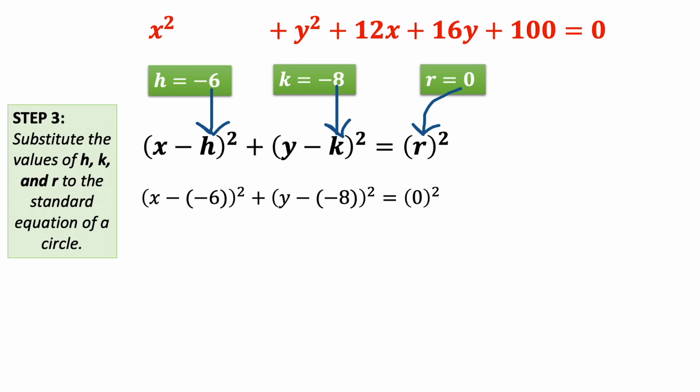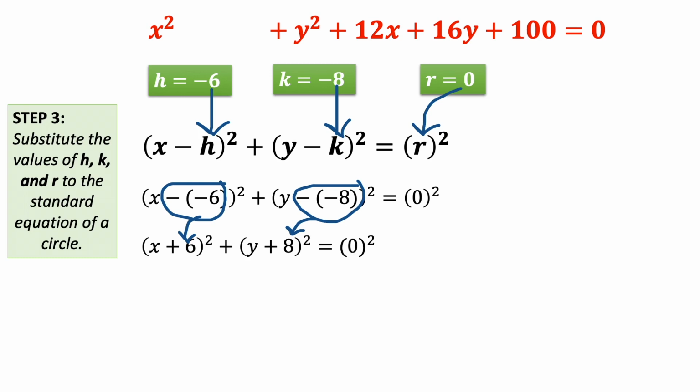After substituting -6, -8, and 0 to the standard equation, we will simplify it. The first square of binomial will become quantity x plus 6 squared plus the second square of binomial becomes quantity y plus 8 squared. Then equals to quantity 0 squared.